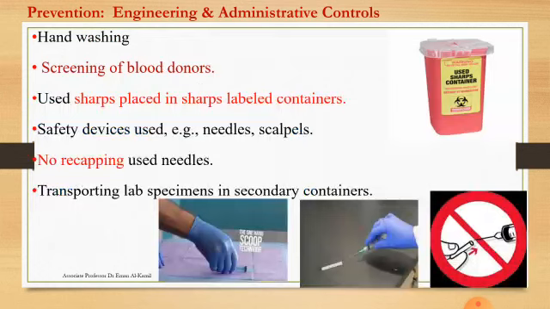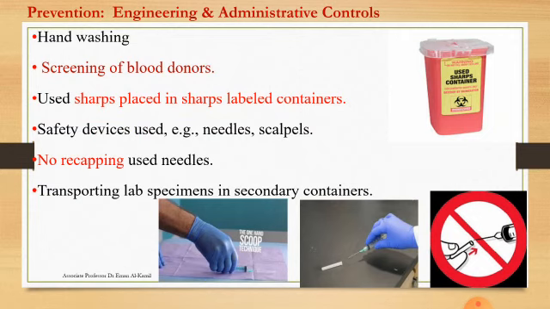As an institution, a hospital or a clinic, there are certain what are called engineering and administrative controls. We mentioned infection control at a personal level, but at an institutional level there are the engineering and administrative control methods. It includes the following.